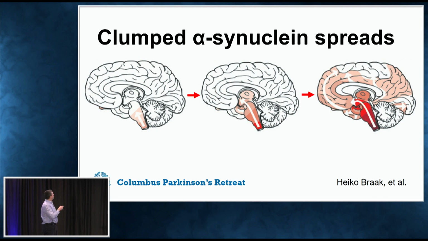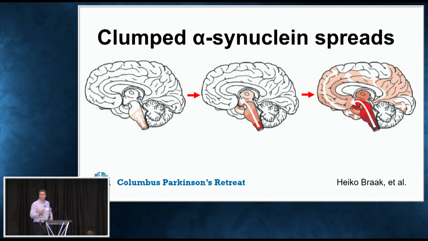And then as time goes on, the pathology tends to spread up higher into the brainstem. The areas that started become more pathologically involved, and then as disease progresses, may even spread farther and farther into the brain on a whole. But again, the areas that started are still accumulating the pathology.